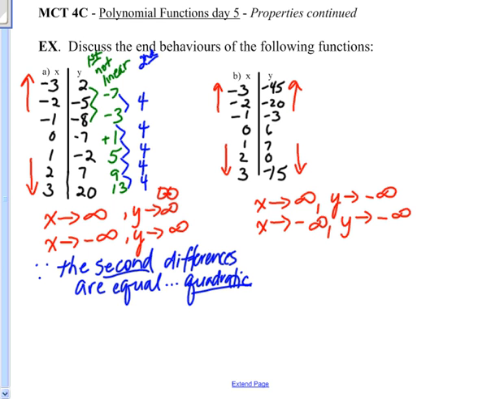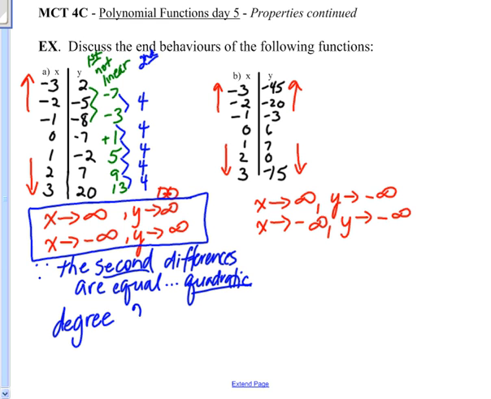And we know that the end behavior follows a quadratic. We know that our degree is 2, and it is even, because of this observation of the end behavior.